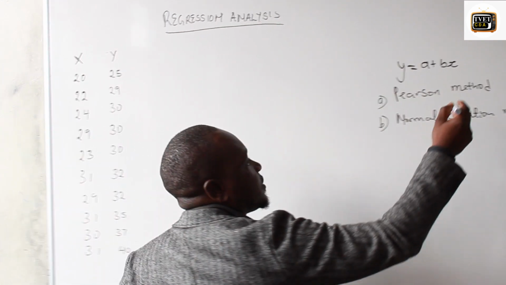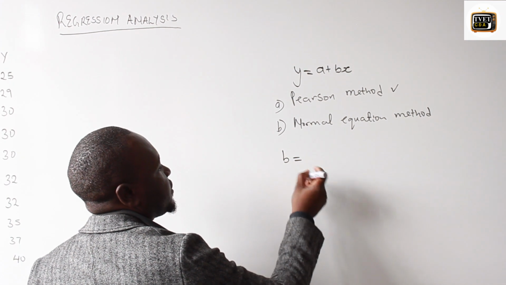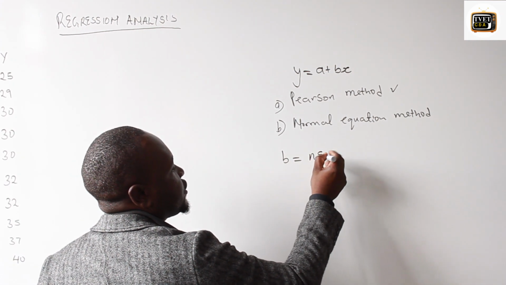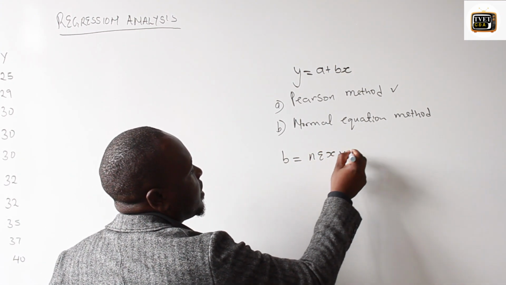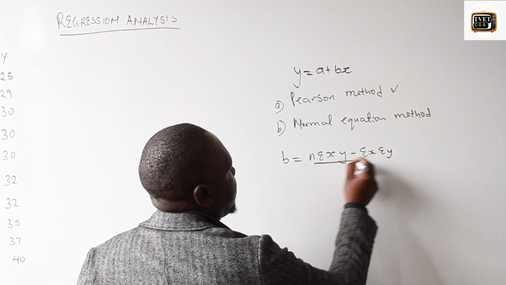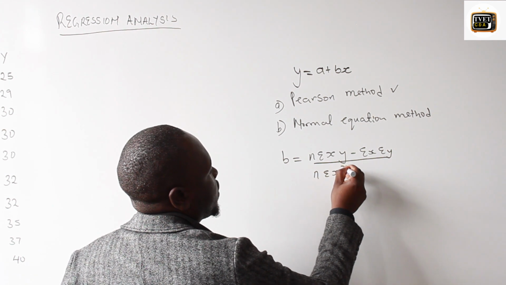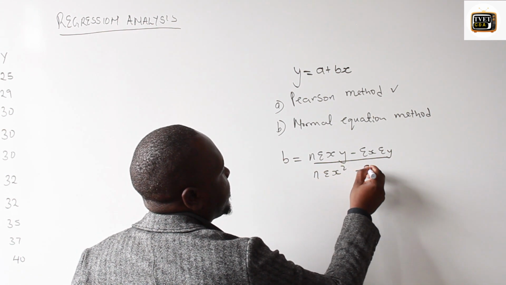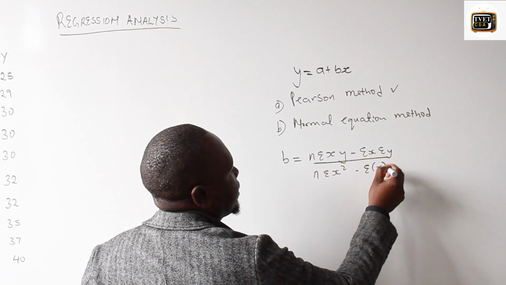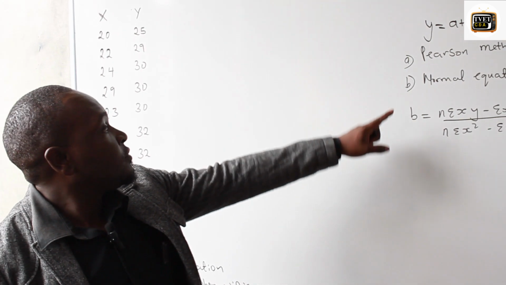Now, using the Pearson method, the value of b is computed as n summation of xy minus summation of x summation of y, over n summation of x squared minus summation of x, all squared.